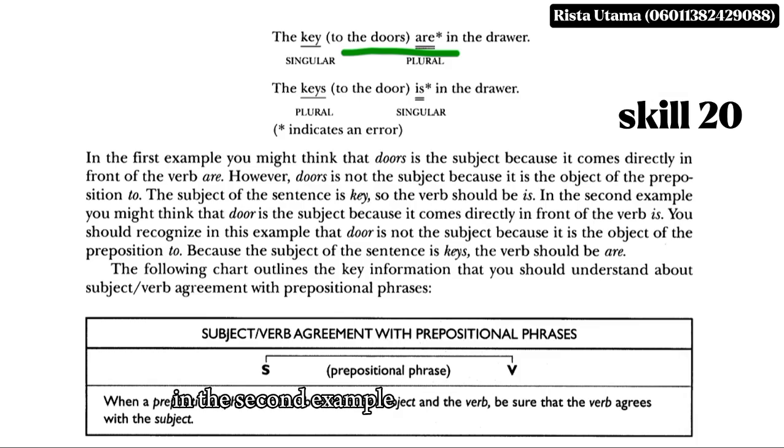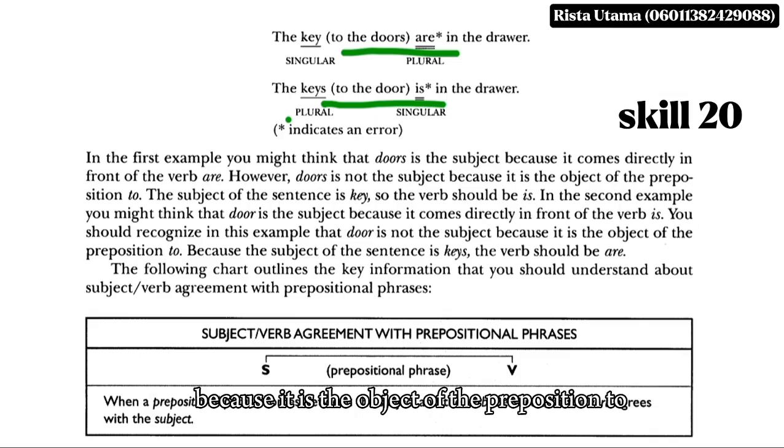In the second example, you might think "the door" is the subject because it comes directly in front of the verb "is." You should recognize that door is not the subject because it is the object of the preposition "to." Because the subject of the sentence is "keys," the verb should be "are."